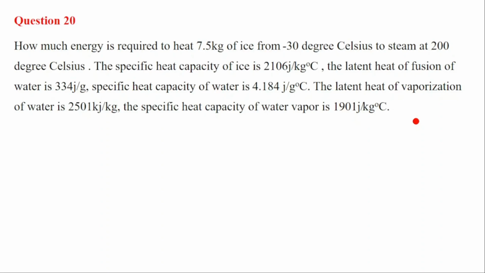Then we need another step to convert the water at 100 degrees Celsius to the steam at 100 degrees Celsius. That means we are changing the phase. We are changing the liquid, the water, to vapors. So there we need the latent heat of vaporization. Then the last step will be to convert the steam at 100 degrees Celsius to steam at 200 degrees Celsius.